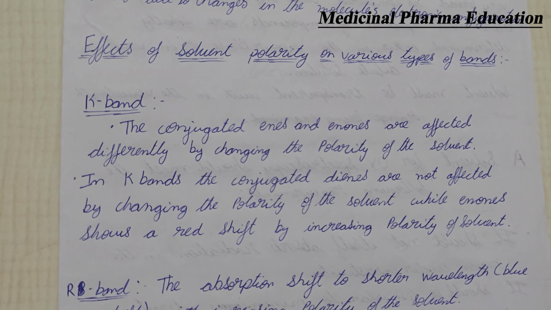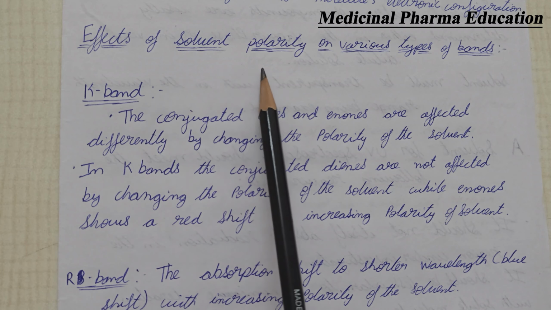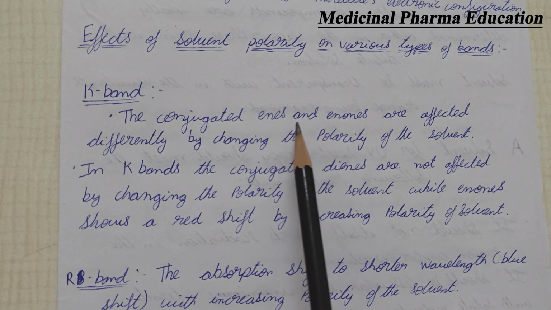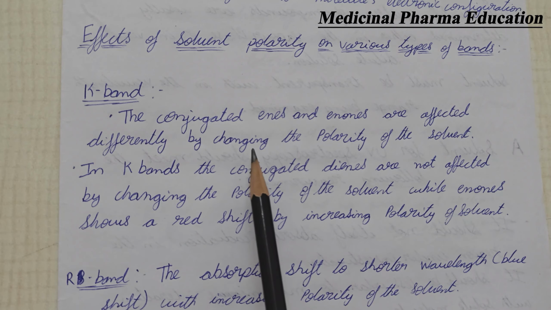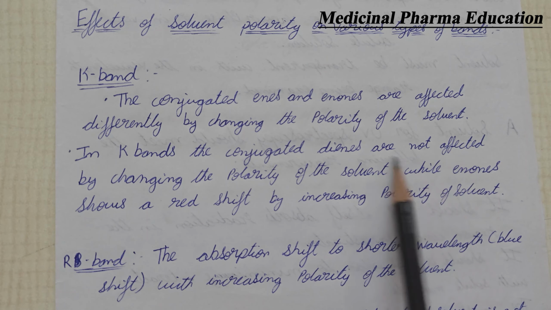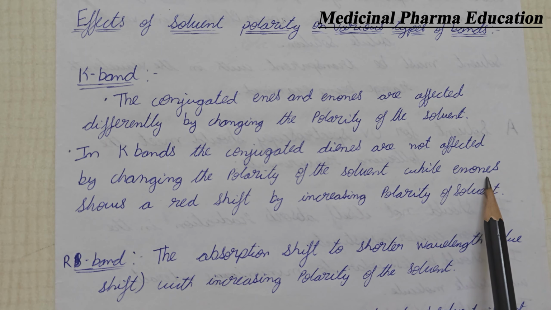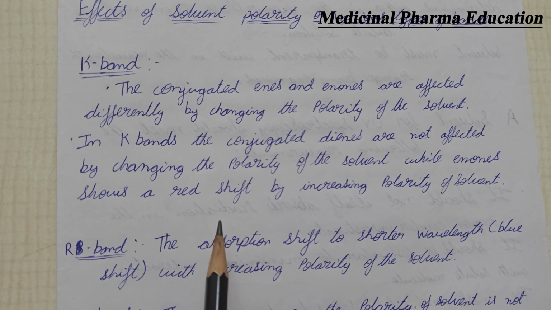Here, for the K band, the effect of the solvent polarity is that the conjugated dienes and enones are affected differently by changing the polarity of the solvent. In the K band, the conjugated dienes are not affected by changing the polarity of the solvent, while enones show a red shift by increasing the polarity of the solvent. Here red shift is nothing but a longer wavelength.